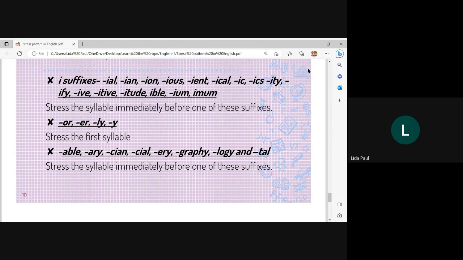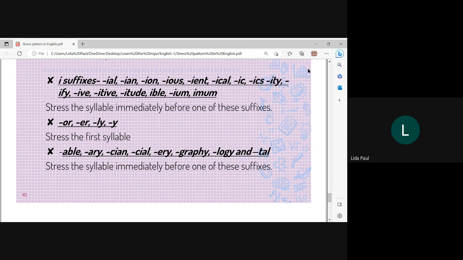All these words are going to carry the stress on the syllable right before the syllable containing these suffixes, the penultimate syllable. Before we look at the second one, we'll come to the third one, because that also follows the same rule: ABLE, ARY, ENTIAL, ERY, GRAPHY, LOGY, TAL.